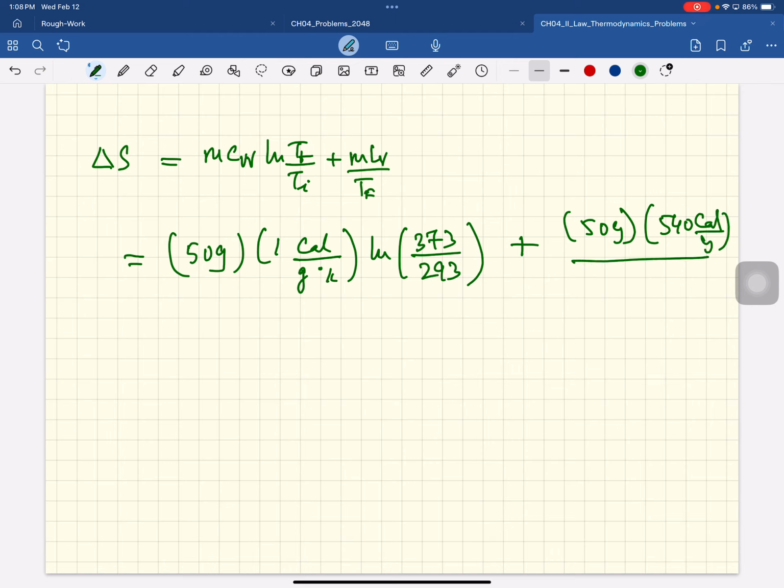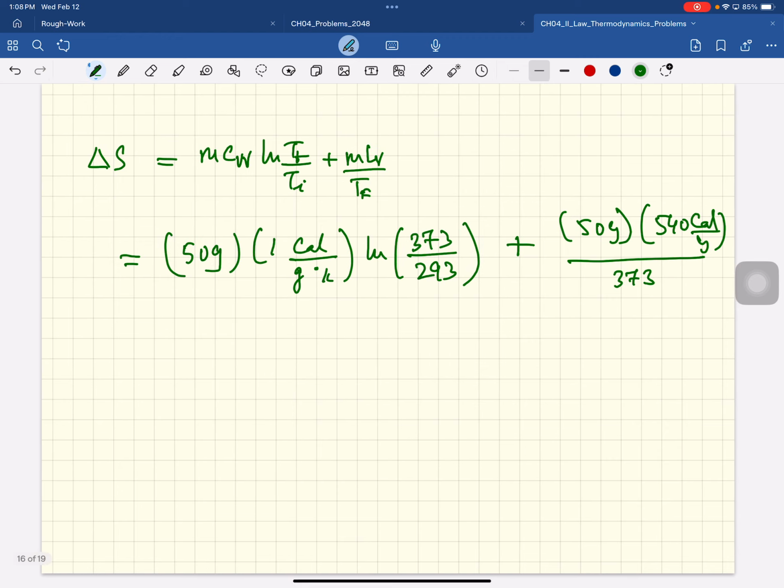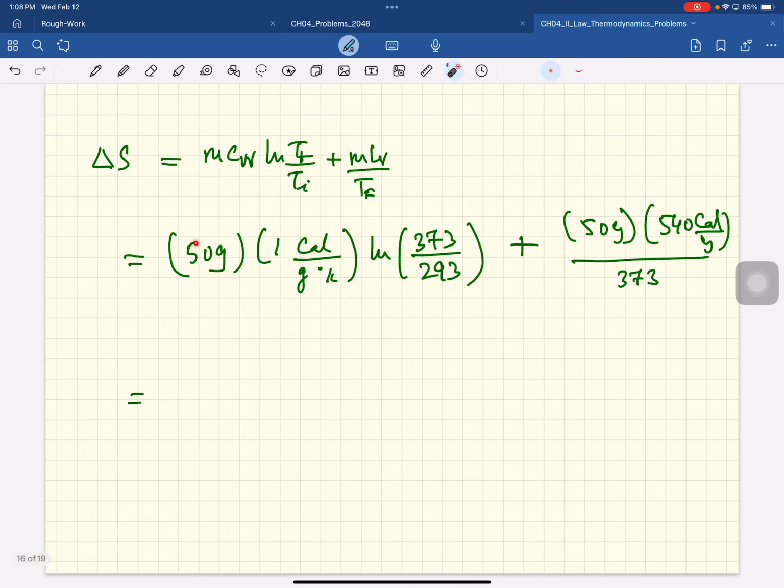Then we'll convert that calories to joules in a second. T final is 373 degrees Kelvin. So let's calculate this number. The grams cancel, and what you get is calories per Kelvin.